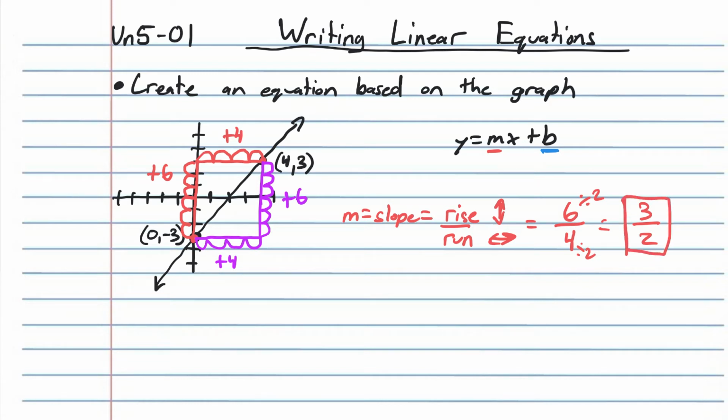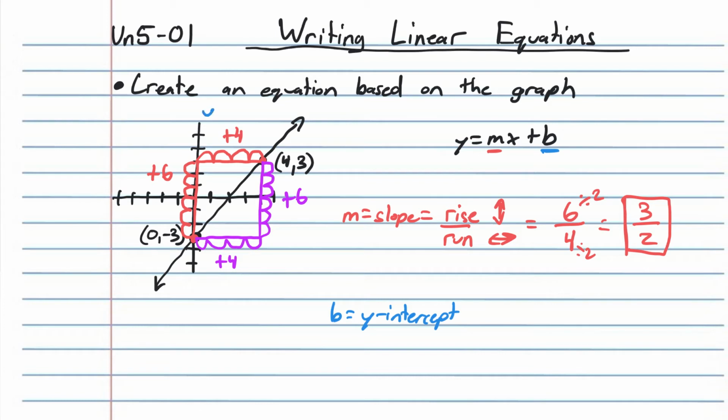The other thing I need is that b value. Sometimes it's not going to be very easy to get the b value, but remember, what b represents is the y-intercept. Sometimes you can look at the graph and it's very nice and clear where it crosses the y-axis.